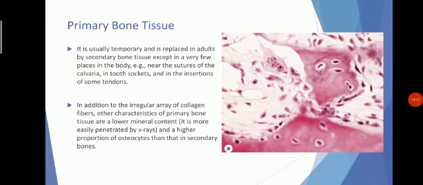In addition to the irregular array of collagen fibers, other characteristics of primary bone tissue are a lower mineral content, so it is more easily penetrated by X-rays, and a higher proportion of osteocytes than in secondary bone. So this is the primary bony tissue.